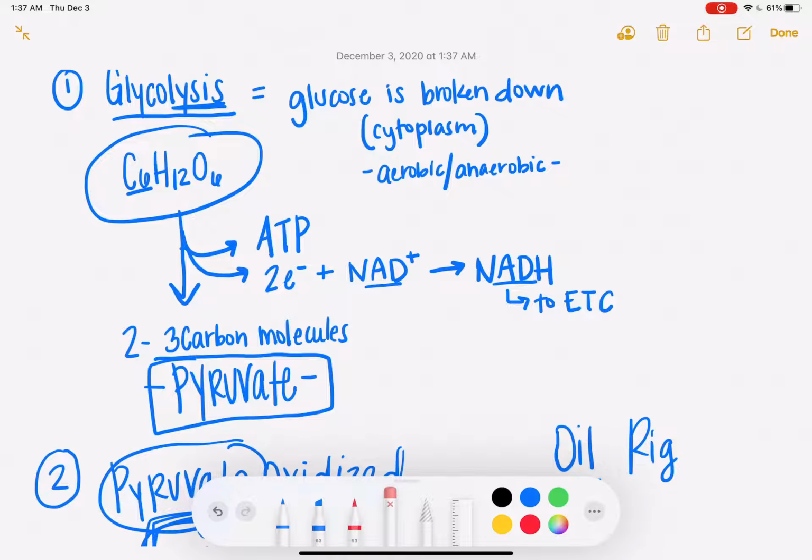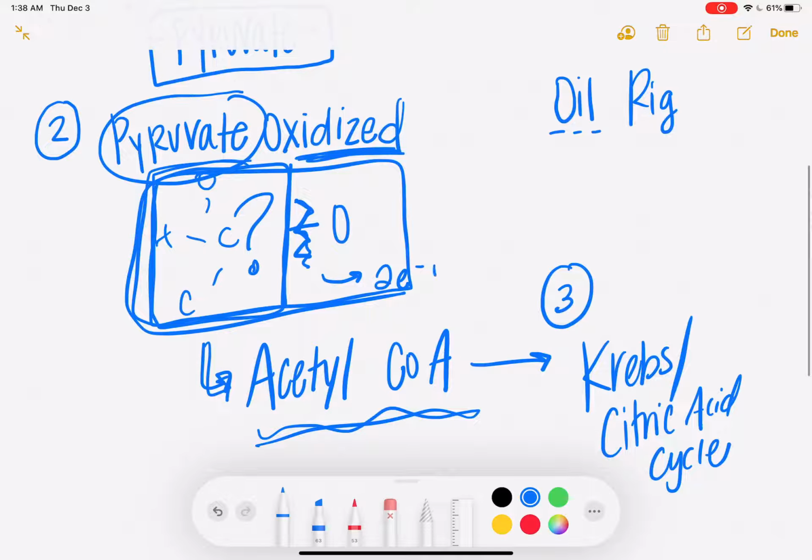So that's what we're talking about here with cellular respiration. We release some ATP along the way, and we release some electrons that got picked up. These electrons also will get picked up and shuttled to the electron transport chain.